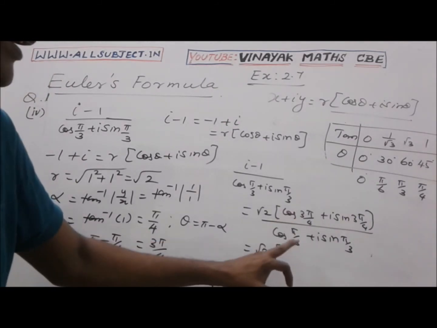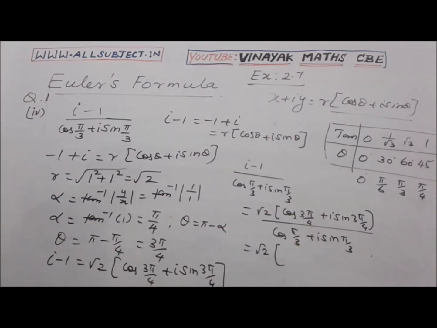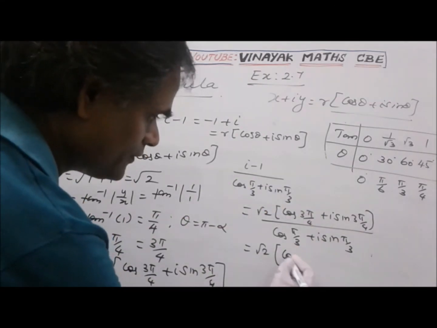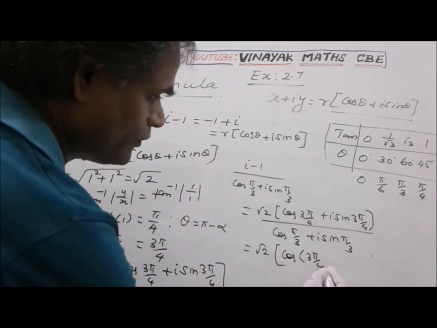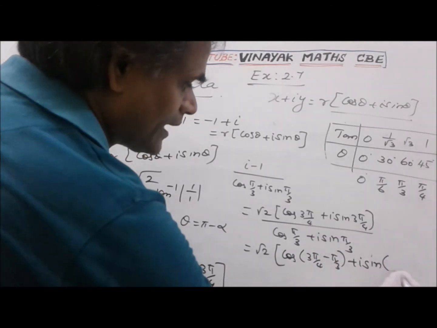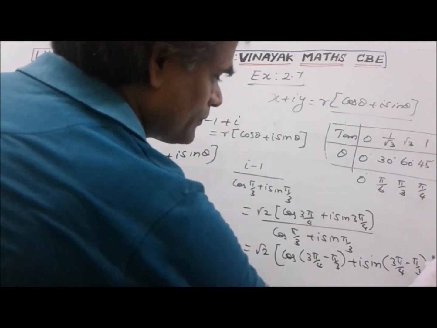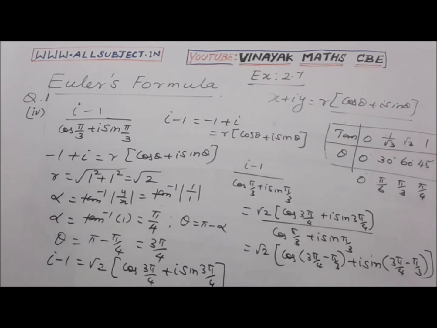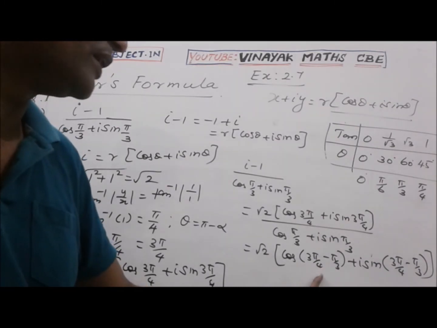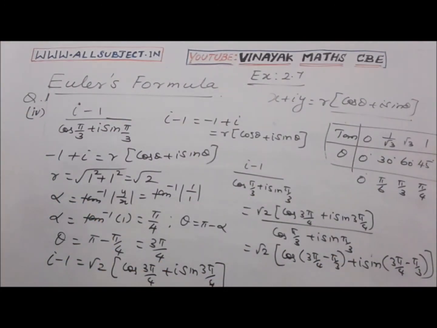Now we can simplify this by subtracting the argument of the denominator from that of the numerator: cos of 3 pi by 4 minus pi by 3 plus i into sin of 3 pi by 4 minus pi by 3. Simplifying, 3 pi by 4 minus pi by 3, taking LCM, equals 9 pi minus 4 pi by 12, that is 5 pi by 12.